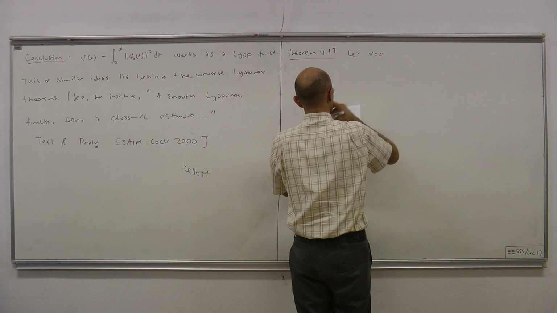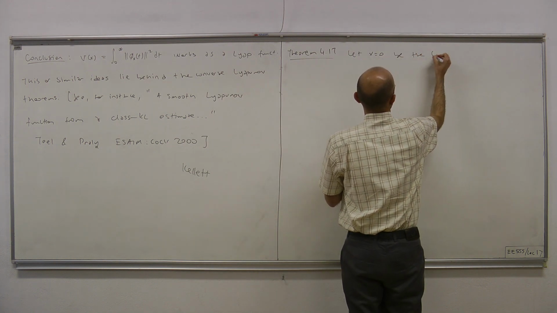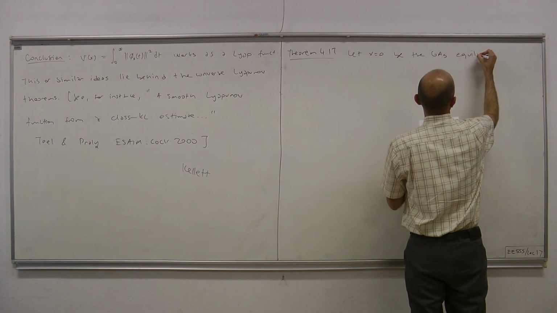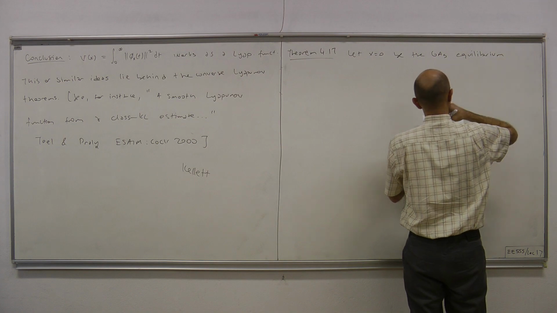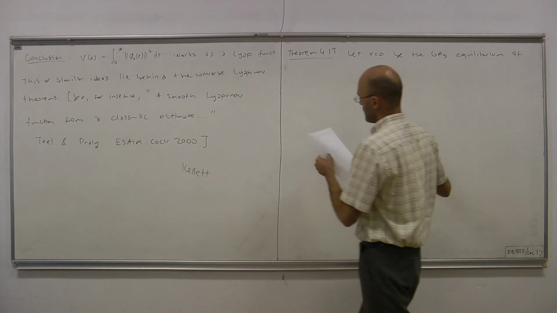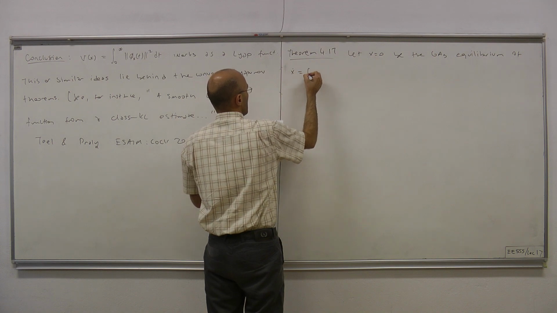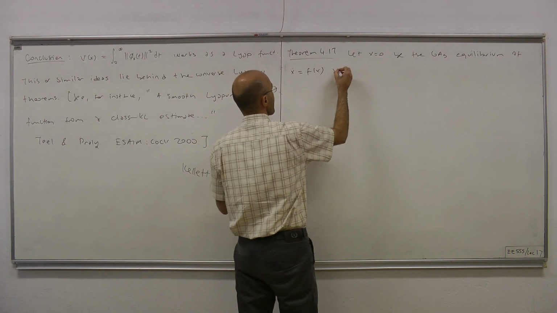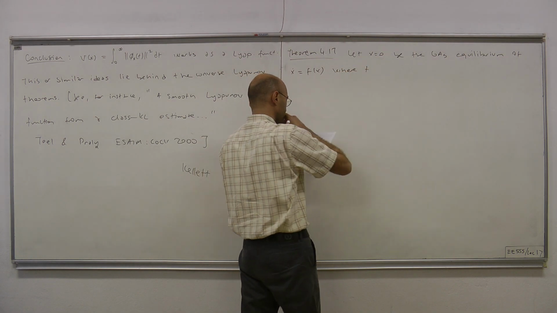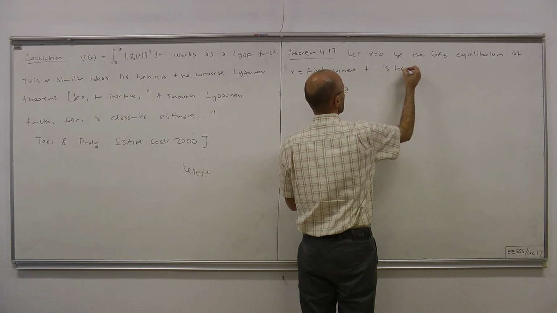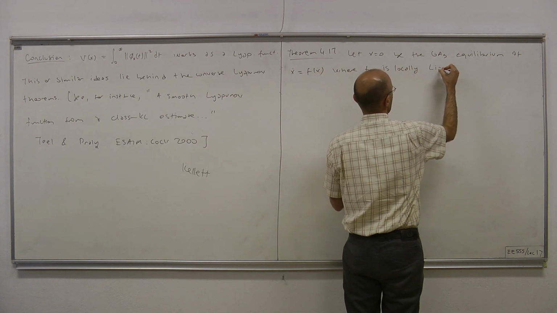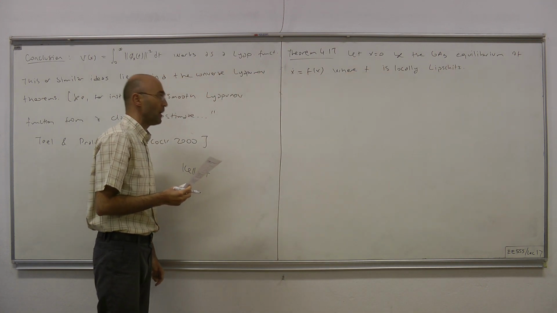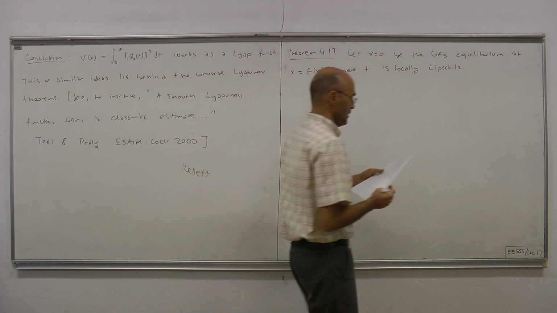Let the origin be a globally asymptotically stable equilibrium of some autonomous system x dot equals f of x, where f is locally Lipschitz. Very mild assumptions.